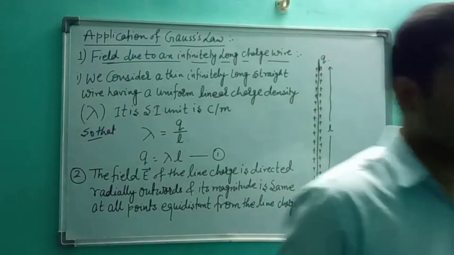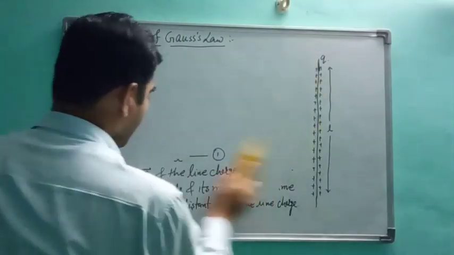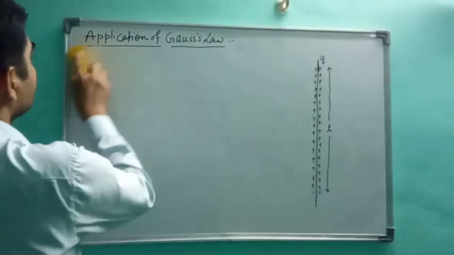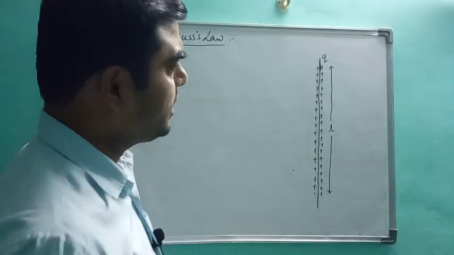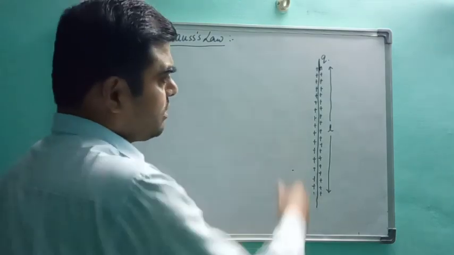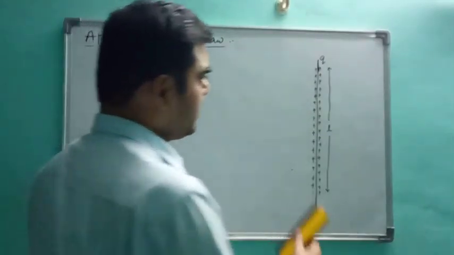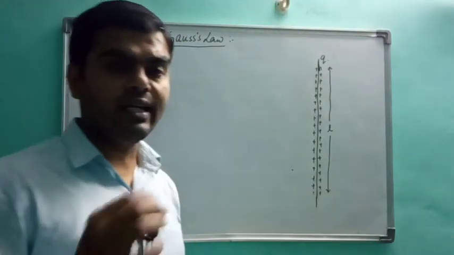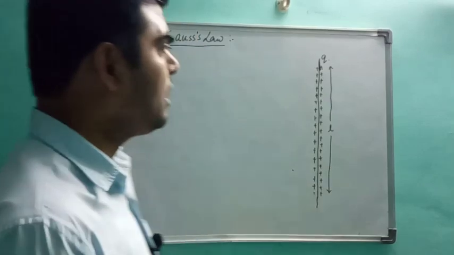Okay, third point, draw this figure. Second figure: the first figure is the infinitely long straight wire. Here the positive charge is distributed, then create a cylindrical Gaussian surface. Why do you create a cylindrical Gaussian surface?